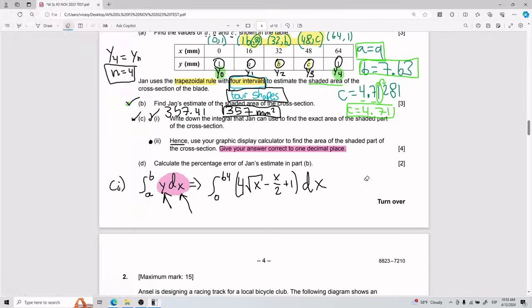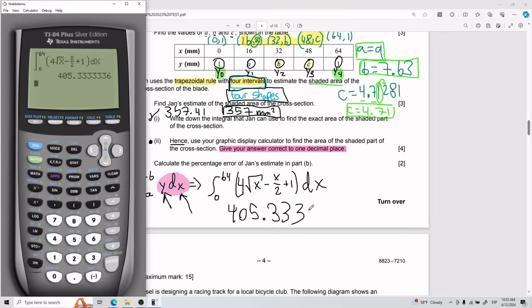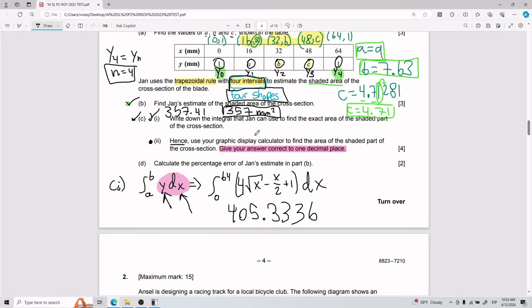So my answer was 405.3333, eventually 6. Now notice, they want your answer correct to 1 decimal place. So you count 1 decimal place and ask, do I round this up or keep it the same? You keep it the same.